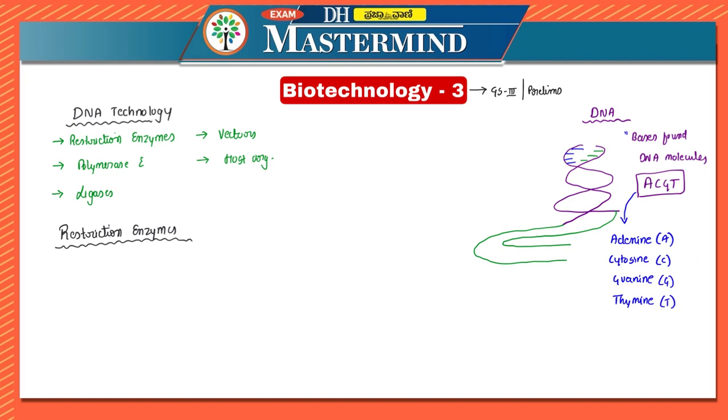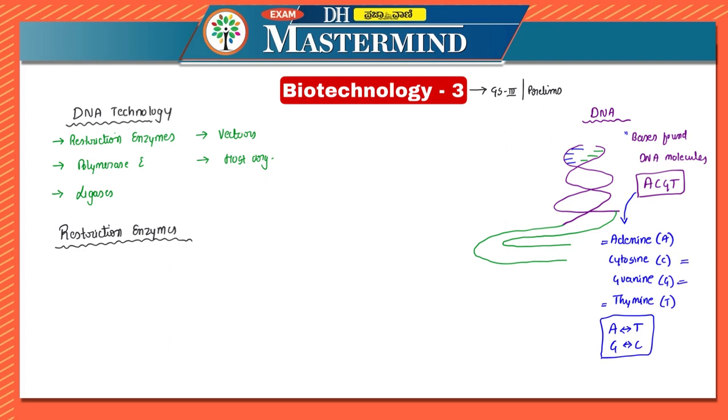You have to always remember that there are pairs. A always pairs with T, and C always pairs with G. Similarly, T always pairs with A, and G always pairs with C. That is, adenine always pairs with thymine, and cytosine pairs with guanine.